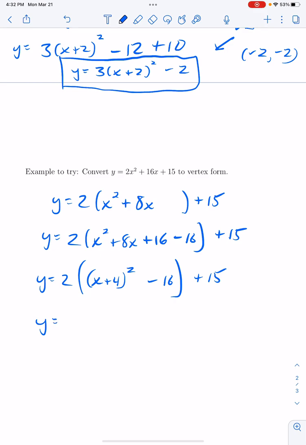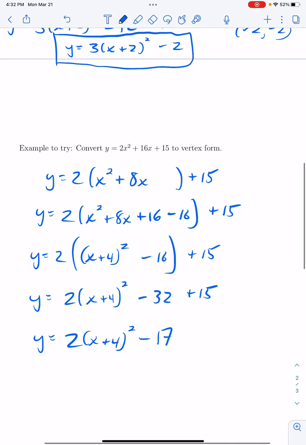I can distribute the 2, so I have 2 times quantity x plus 4 squared minus 32 plus 17. If I combine those constants, I get negative 17. This would be a parabola that's twice as tall as our standard parabola, shifted 4 units to the left and 17 units down, so the vertex would be at negative 4, negative 17.